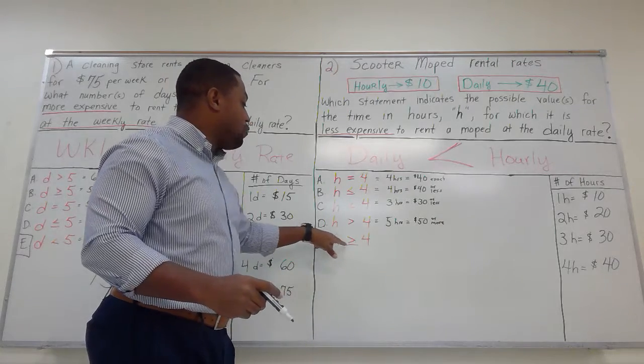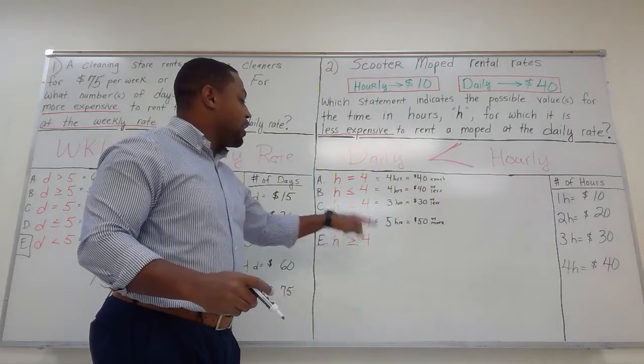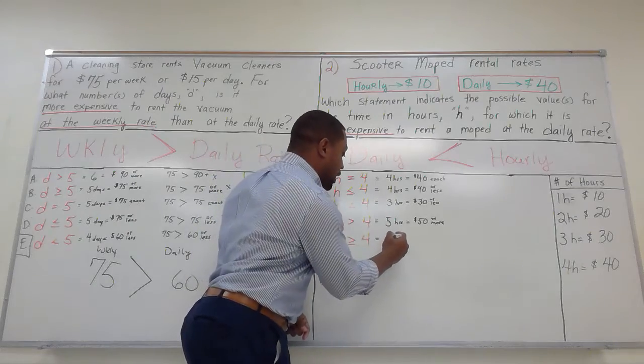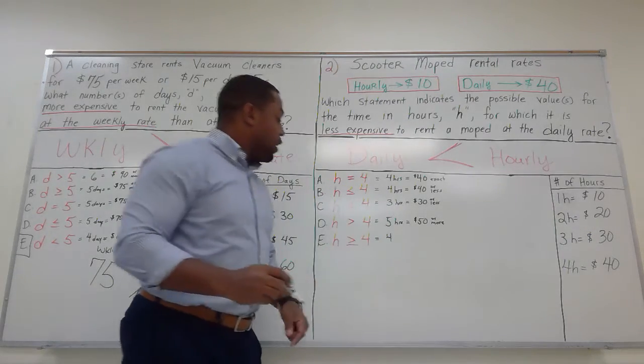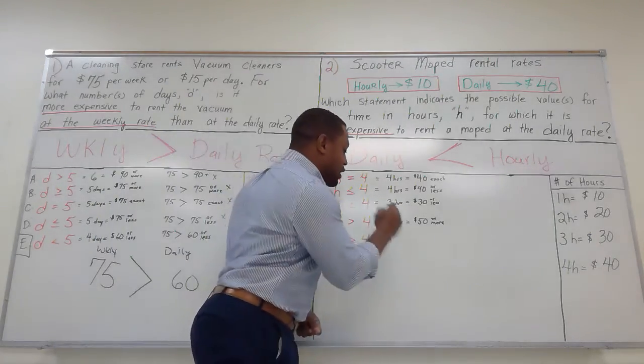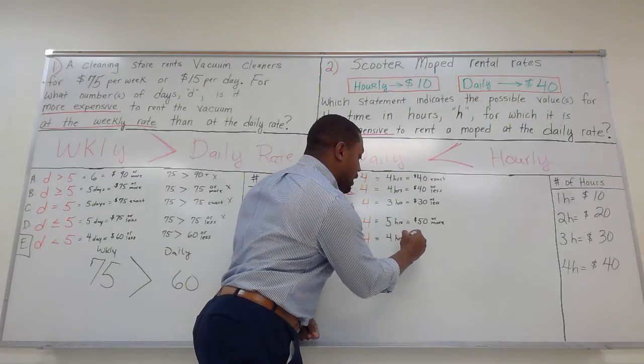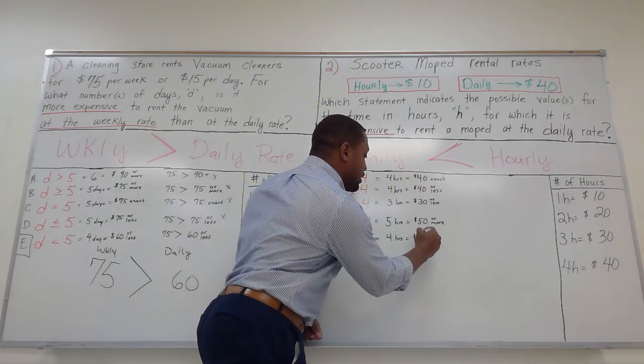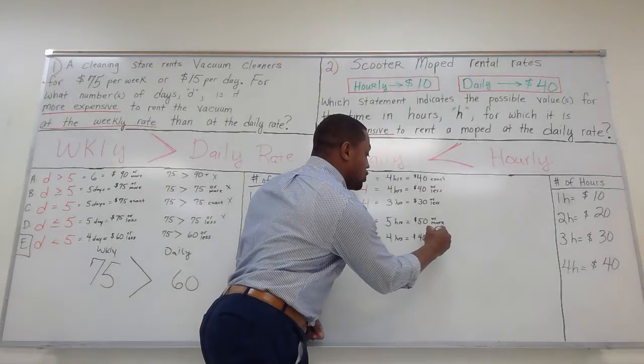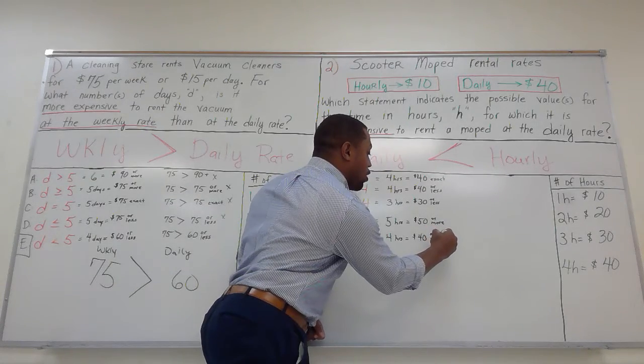And E says hours is greater than or equal to 4. So greater than or equal to 4 means at the very least it could be 4 hours. And so in this case, that's $40 or more.